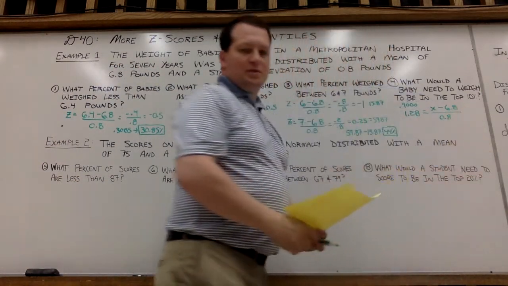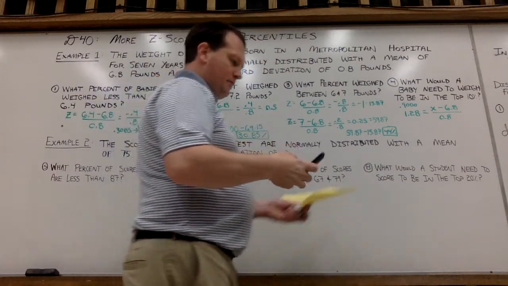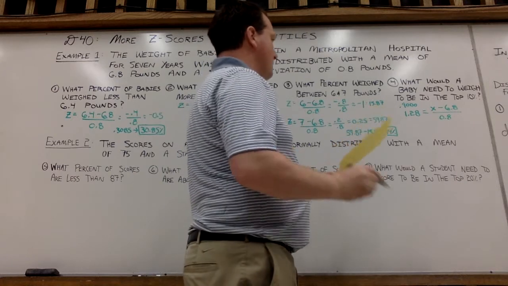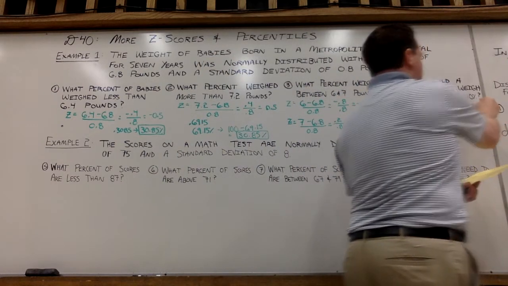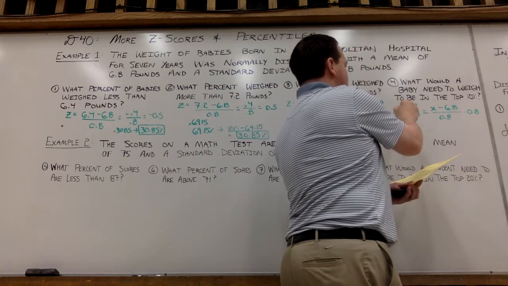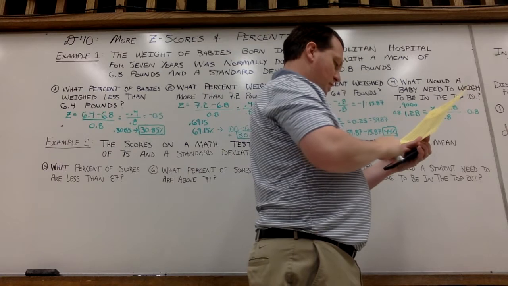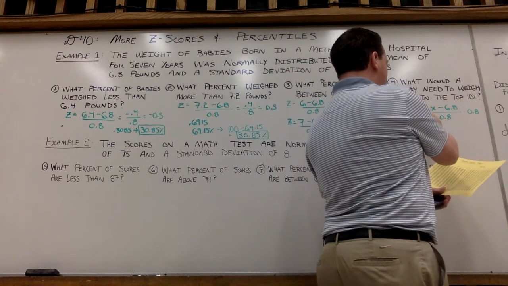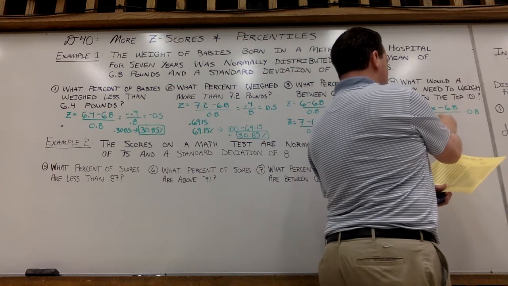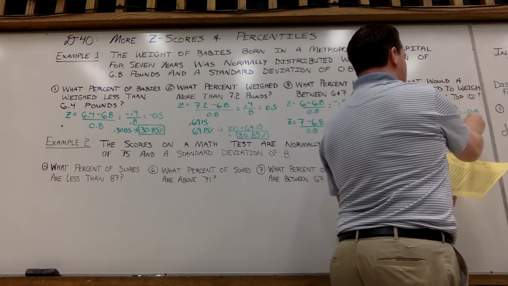So I'm going to work backwards here using inverse operations. I am going to first multiply both sides by, saved by the bell, 0.8. So we got 1.28 times 0.8. That is going to be 1.024, which will equal x minus 6.8.